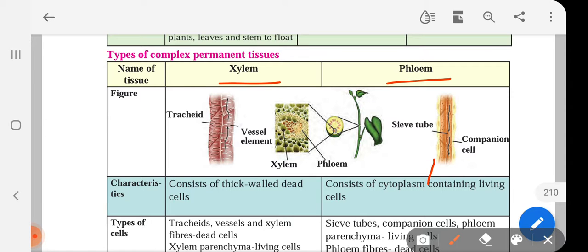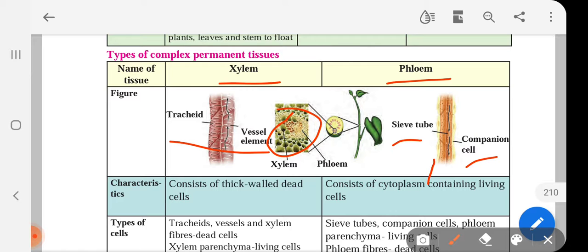In the figure, as you can see, there are tracheids and vessel elements in xylem. You can see the cavity, how thick or broad it is. The phloem are the minute ones. They have the sieve tubes and companion cells which help food material to transfer from one part of the plant body to another.